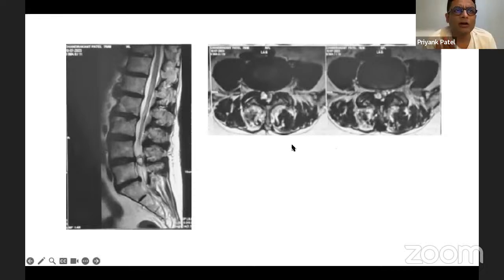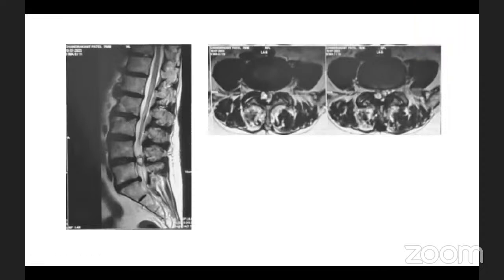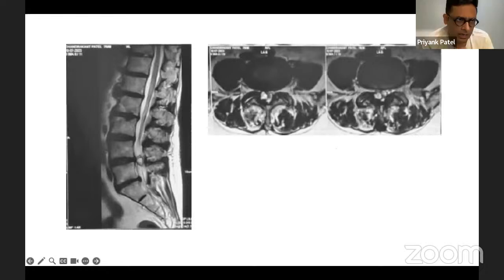No, so right now we are already clear that we are going to do the surgery for this patient. And in surgery, is the plan going to change in any way? How will it change? Decompression should be done very carefully. Fair. But why carefully? What problems do you anticipate during decompression? There can be a leak, a dural leak. Okay, so CSF leak is something that you can expect if it's an arachnoid cyst.